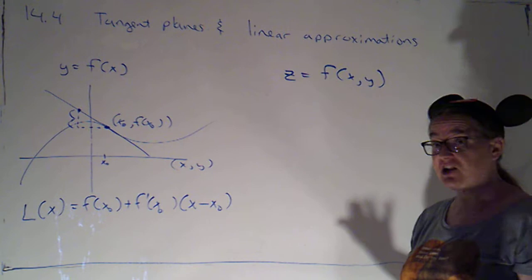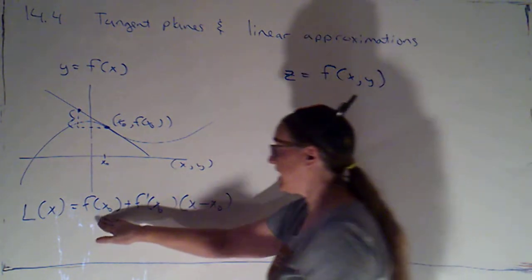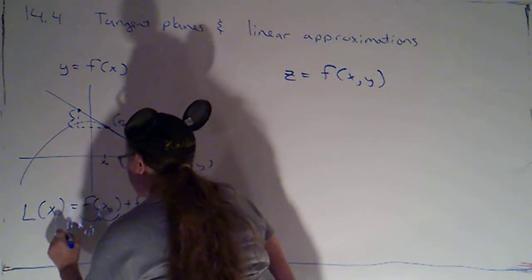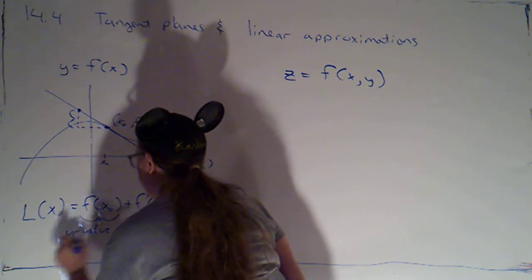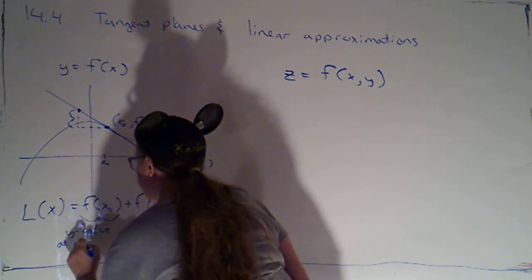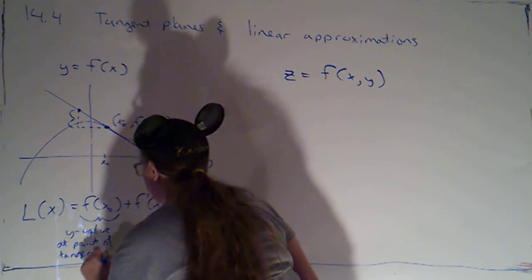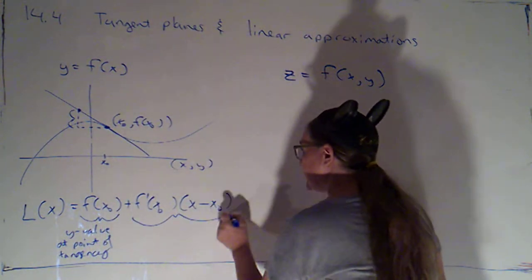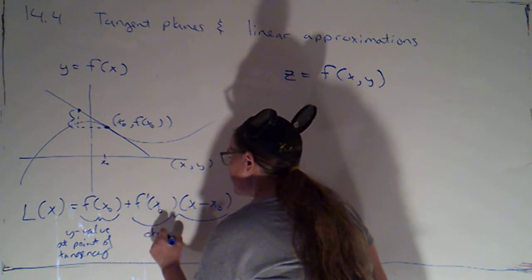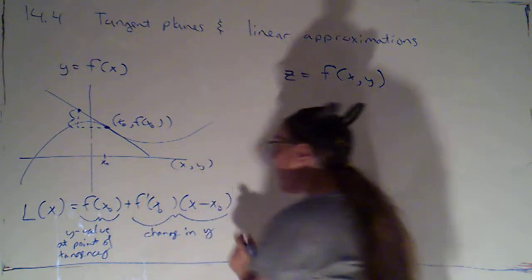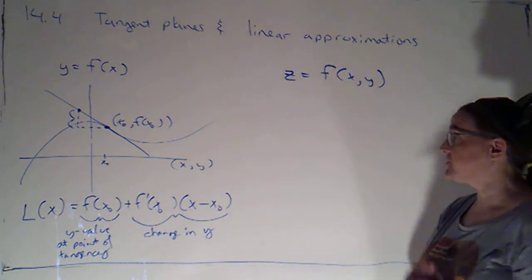That's the change in the y value. Okay, so this is the y value at the point of tangency. And this right here is the change in my y value on the tangent line.